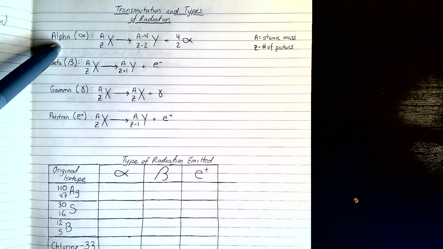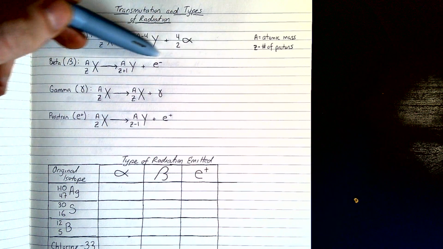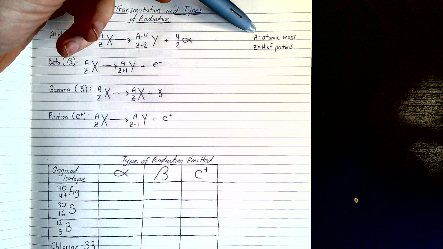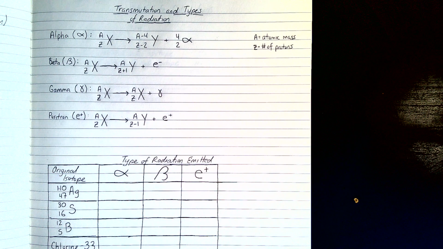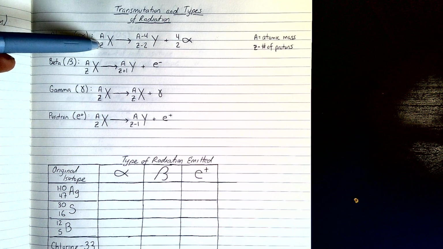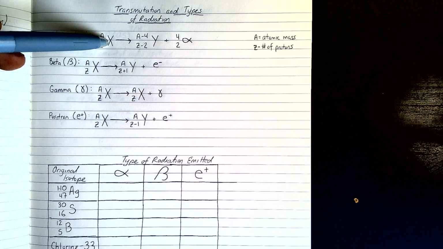The first is alpha. And when we're reading symbols like this, what you need to know is that A is mass and Z is the number of protons. So if I have some element that has a mass, it has a number of protons, it has a symbol.